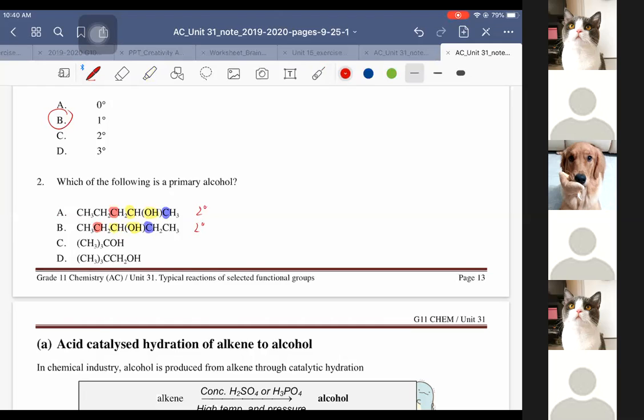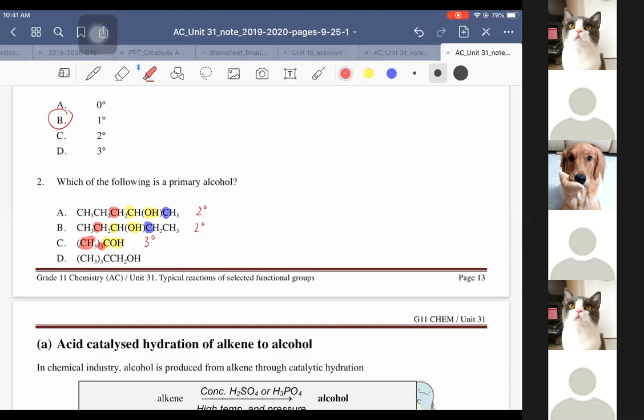Take a look at the next one. Again, we find the carbon bonded with the OH group. For this carbon, it's attached to 3 alkyl groups here. So it should be a tertiary alcohol, because this carbon with the OH group is bonded to 3 alkyl groups.